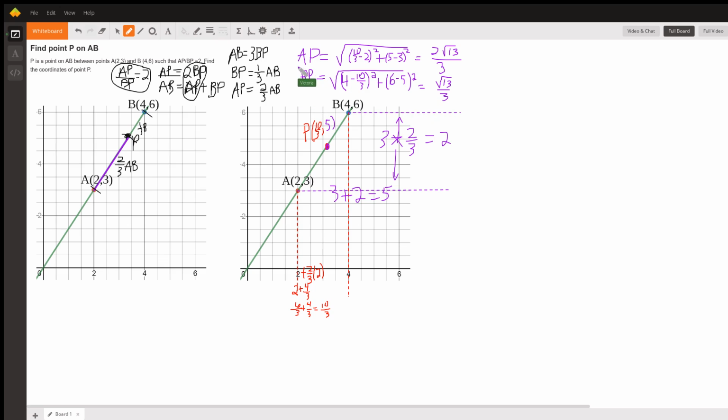Now the question is, if I do this ratio, what do I get? Well, keep, switch, flip. This is multiplied by 3 over the square root of 13. These cancel, and I get 2. So we have shown that this is the correct P with x coordinate 10/3 and y coordinate 5.